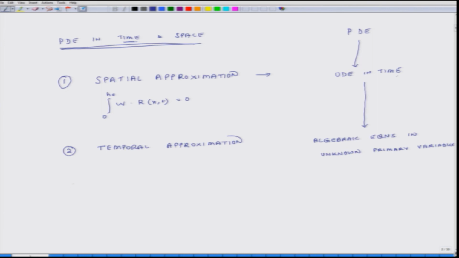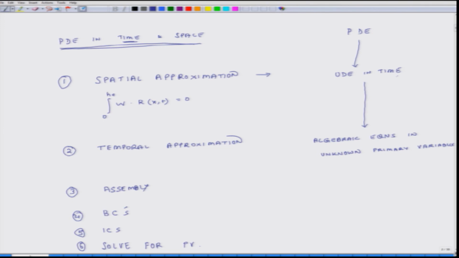Okay. And at this stage we do assembly using the same methods which we had discussed earlier. Then we apply boundary conditions, then we apply initial conditions, and then we solve for primary variables at each node.